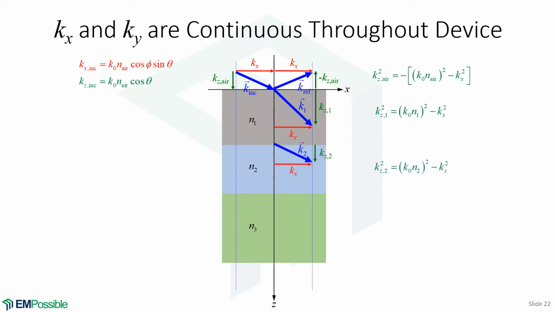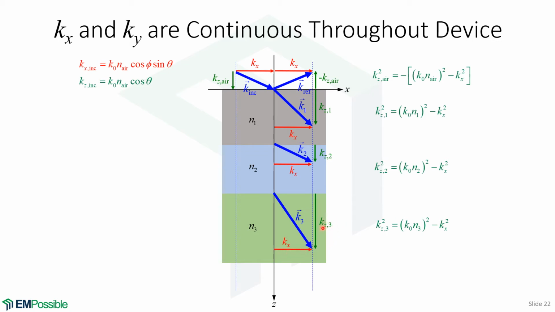If we move on to medium 2, again, it has to have that same x component of the wave vector. We get the z component from the dispersion relation. And of course, if we tie these two together, we calculate the wave vector in medium 2. Finally, in medium 3, it has the same x component.